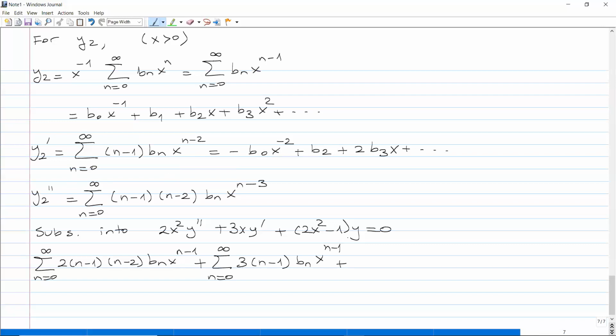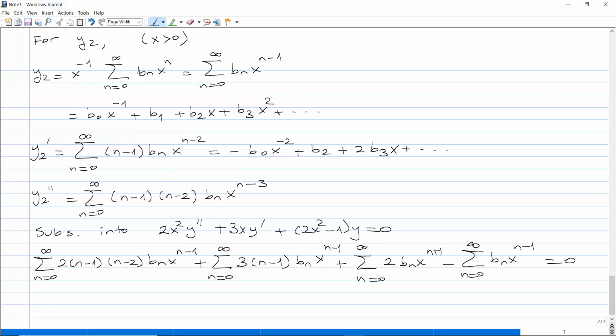And then the function y itself, first we multiply it with 2x squared. So n from 0 to infinity, 2 bn x to the n plus 1. And then minus, we take the function, bn x to the n minus 1.